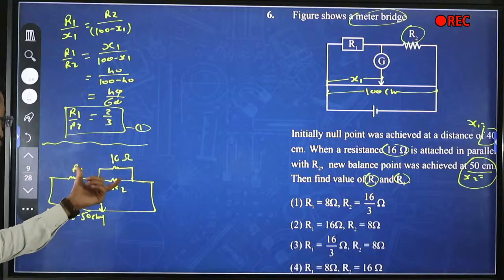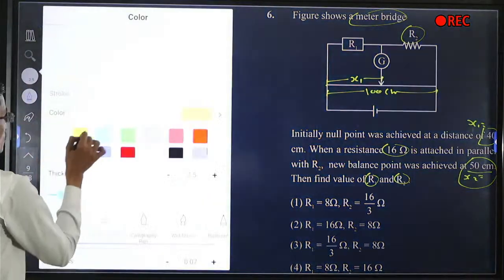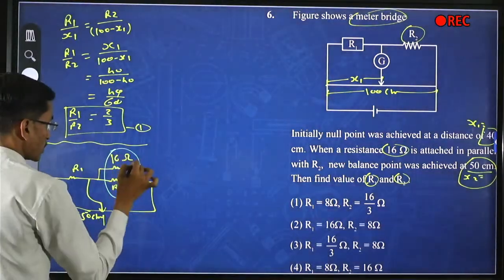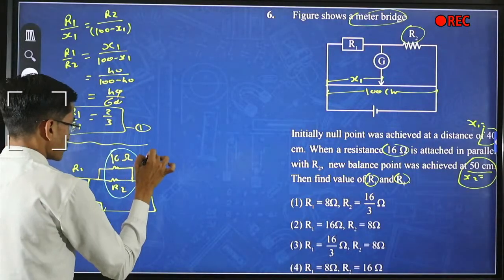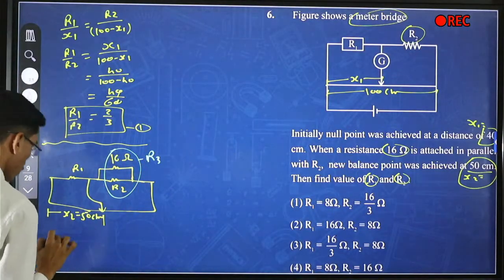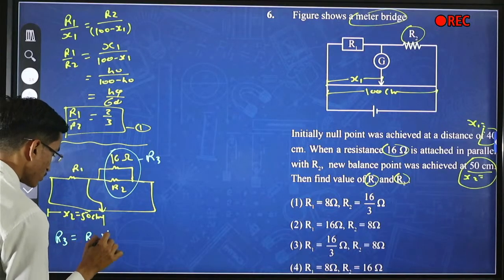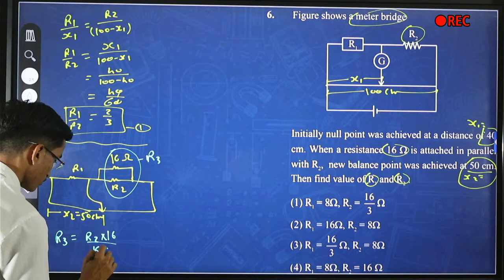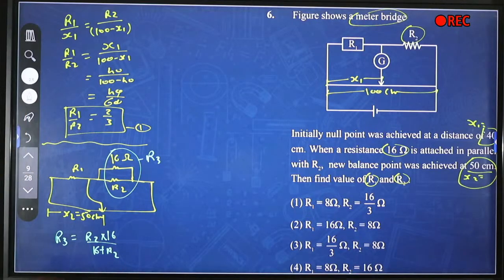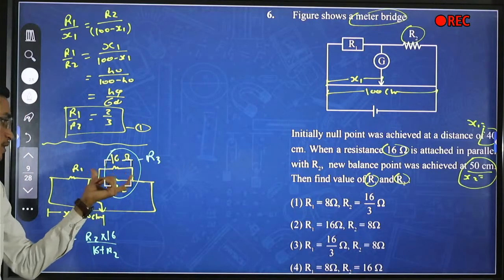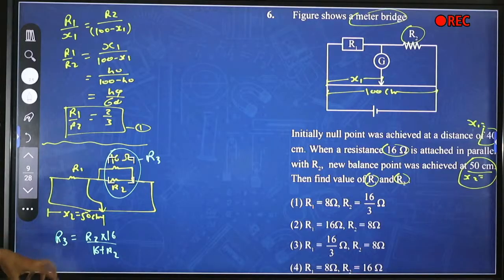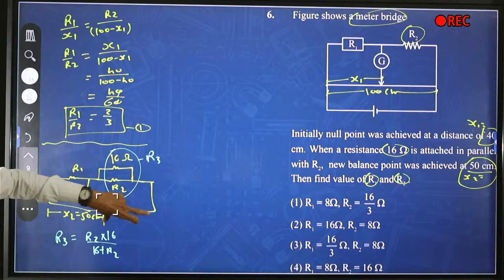Let us say the equivalent of 60 and R2 is R3. So R3 will become R2 into 60 upon 60 plus R2. Now the equivalent resistance of this branch is R3.